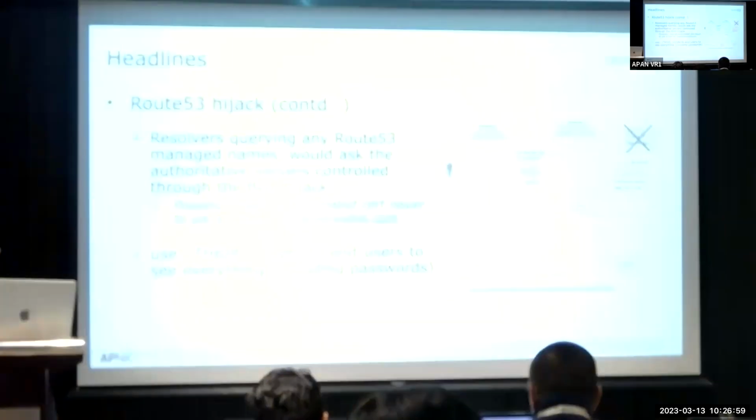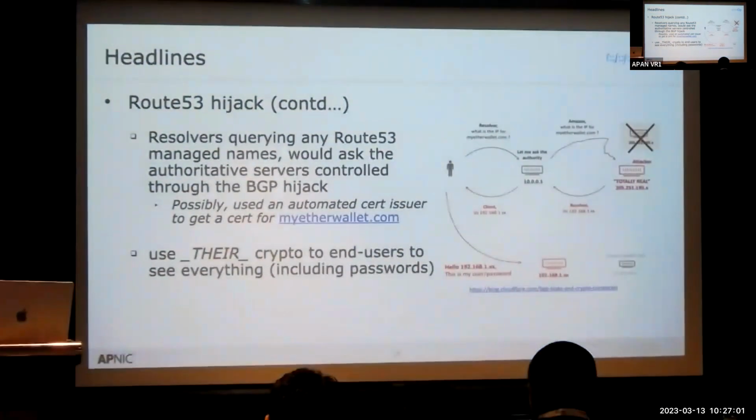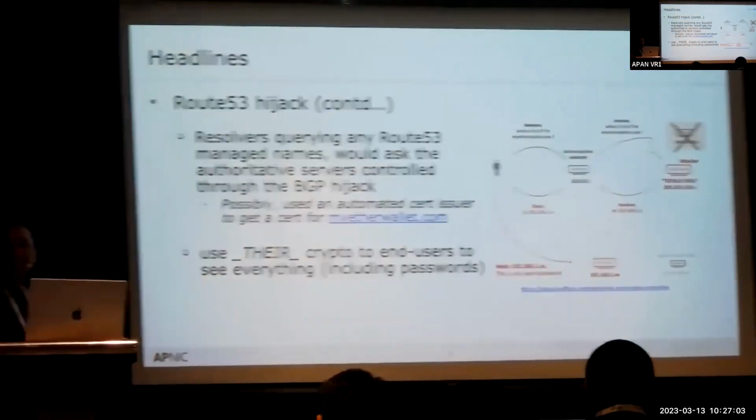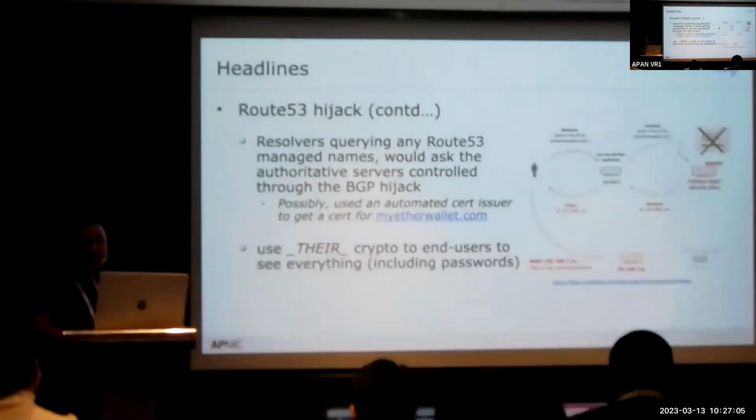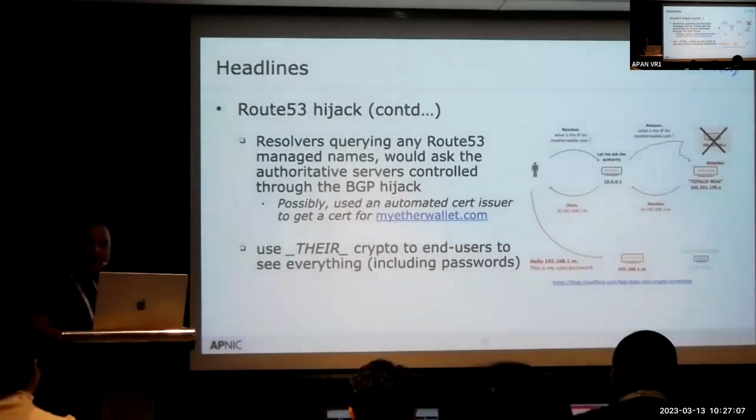So whenever a user queried that DNS server, the totally real DNS server actually sent a response for myetherwallet.com, and the users just gave away their usernames and passwords so that the attacker could steal their money, right?